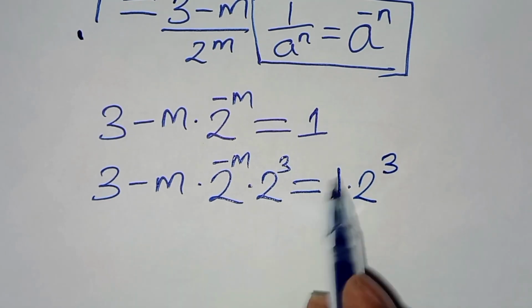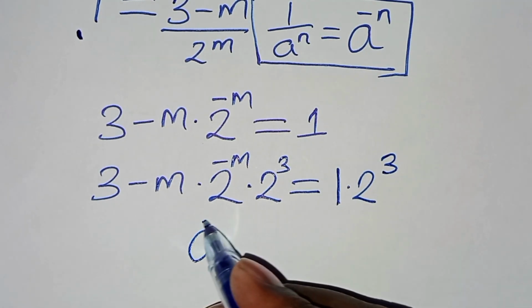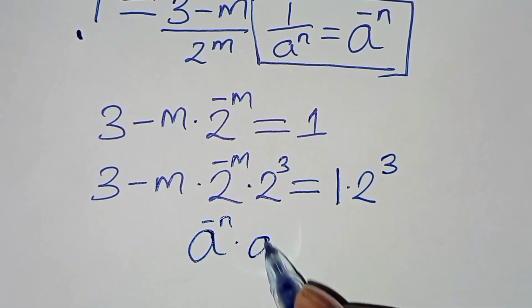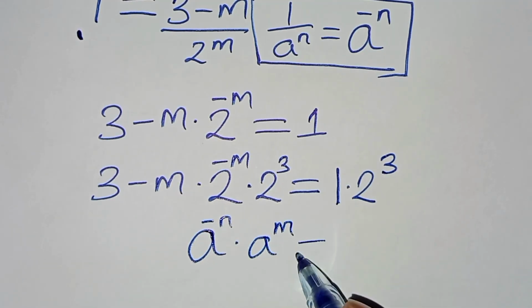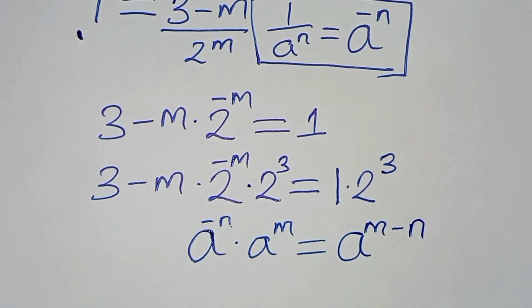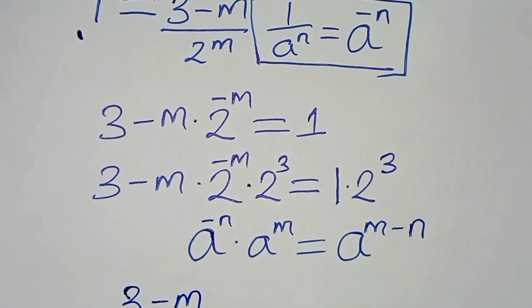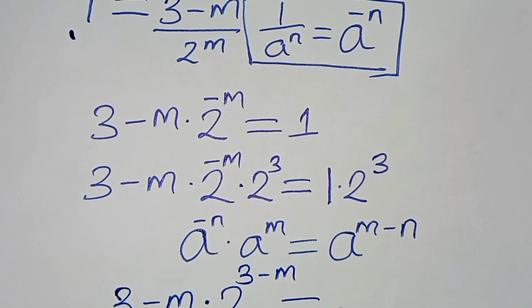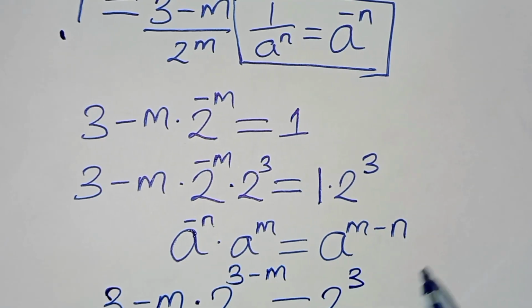The next step here, if you have a to the power negative n multiplied by a to the power m, this can be expressed as a to the power m minus n. So applying this exponent property, we'll have 3 subtract m multiplied by 2 to the power 3 subtract m, this is equal to 2 to the power 3.